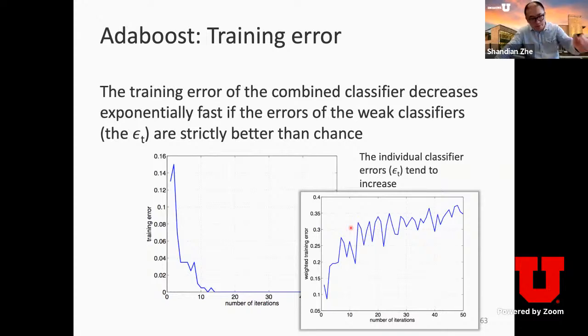Yeah, you're right. I didn't investigate the alpha t. But according to your analysis, you're definitely right. Because the weighted training error is actually growing along with the number of iterations, alpha t should have the opposite trend.